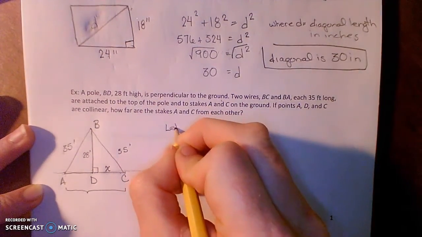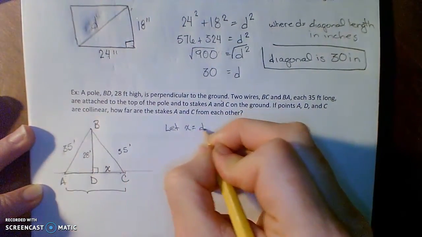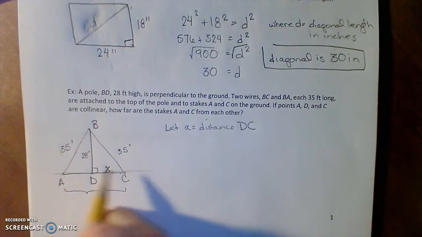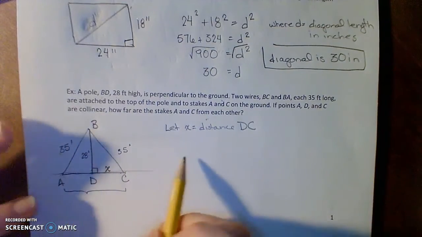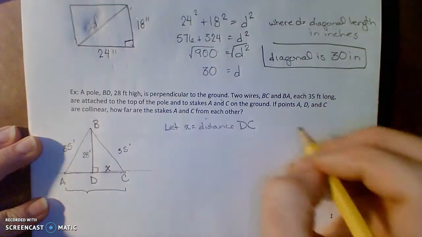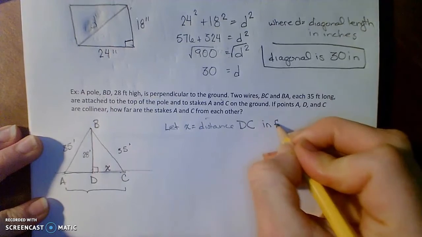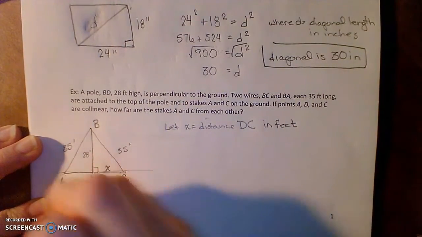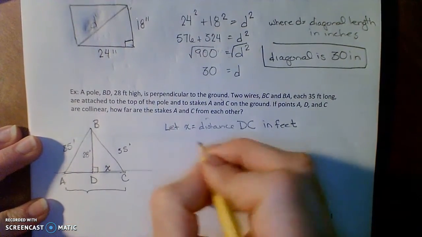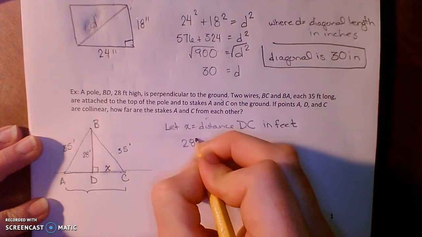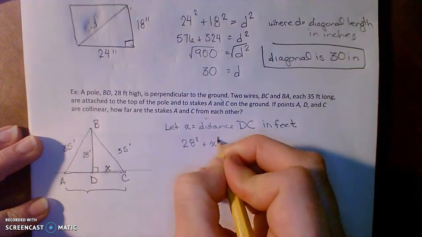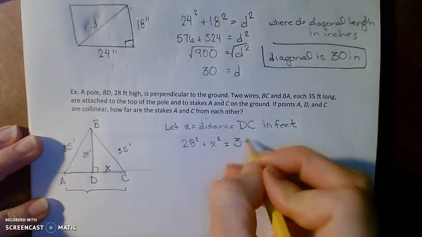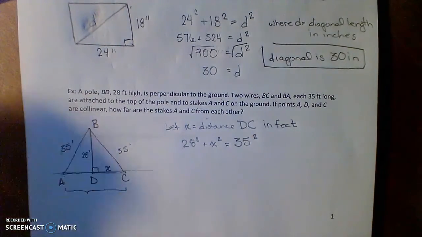So let's let X be the distance DC, and I should use the units that I'm using in the problem. So everything was in feet, so I should say it's in feet, right? All right, so then using the properties of right triangles by the Pythagorean theorem, I know that 28 squared plus x squared is equal to the hypotenuse squared. Hypotenuse is 35, equals 35 squared.